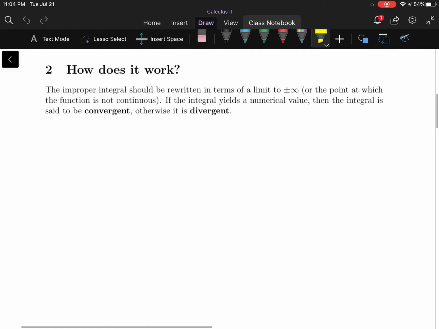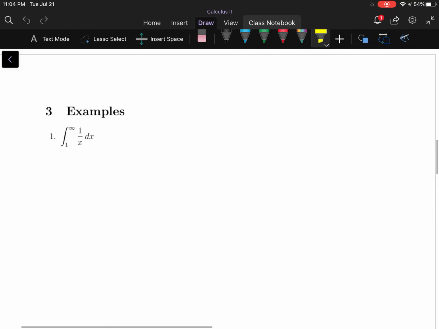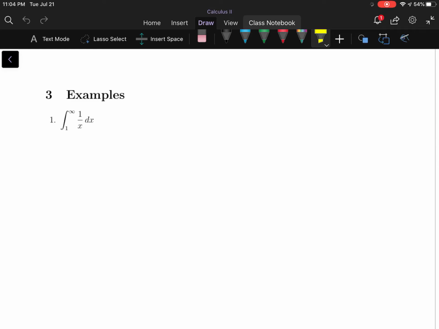So let's take a look at the first example here. It is integrating 1 over x from 1 to infinity. So this is that first type of scenario where one of the bounds or limits of integration is plus or minus infinity. In this case, it's the positive one.